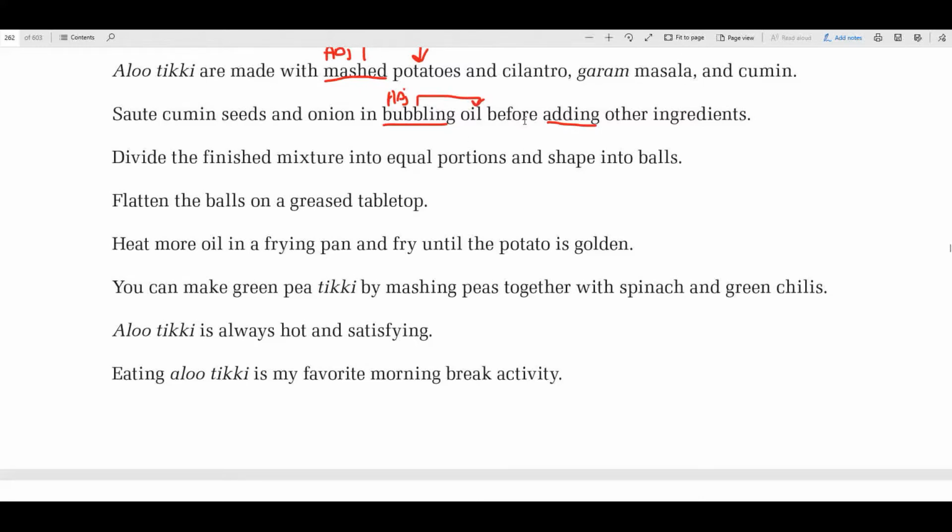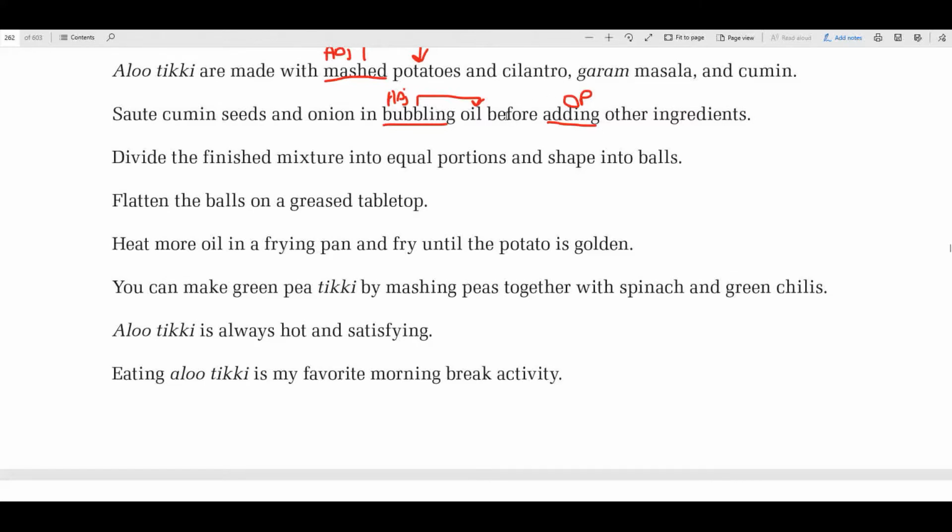Now, what is before? It's a preposition. So before adding other ingredients, before adding, this would act as the object of the preposition. Now I know a preposition is supposed to end with a noun or pronoun.